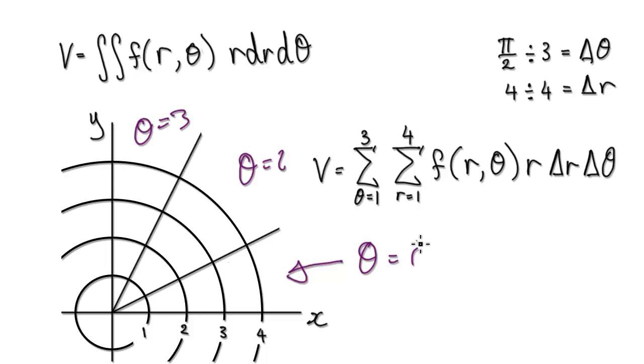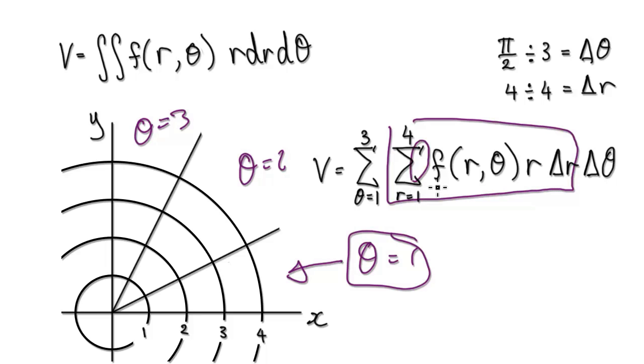For angle of 1, this thing here loops around 4 times, from 1 to 4. So r counts from 1 to 4. The first one is this, that's r equals 1. The second one's this, the third one's this, and the fourth one is this.